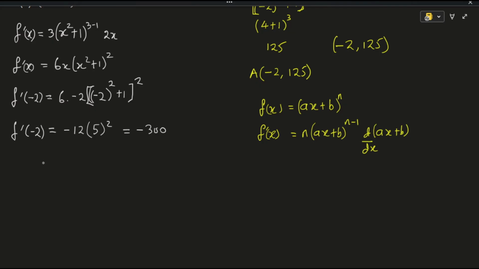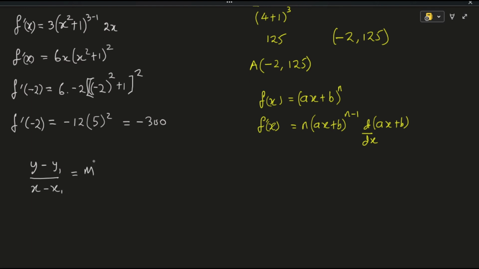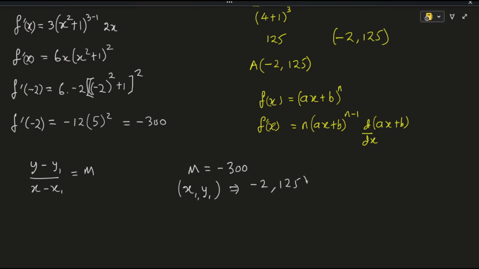And so to determine the equation of the tangent, we're going to apply the formula where m is the gradient of the tangent and m is given by negative 300, and our point of interest is given by negative 2, 125.